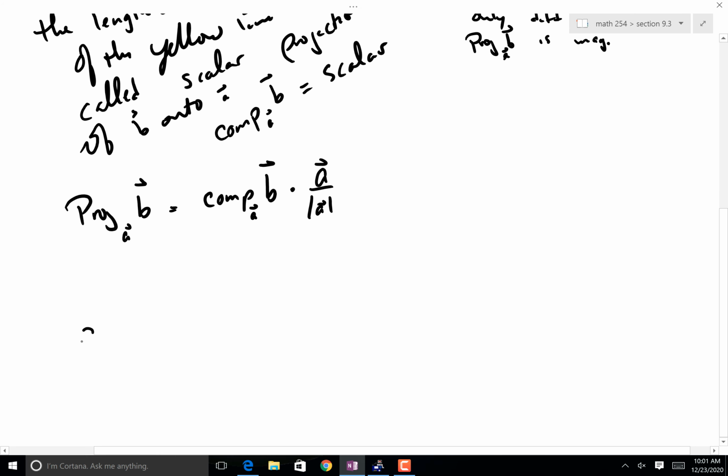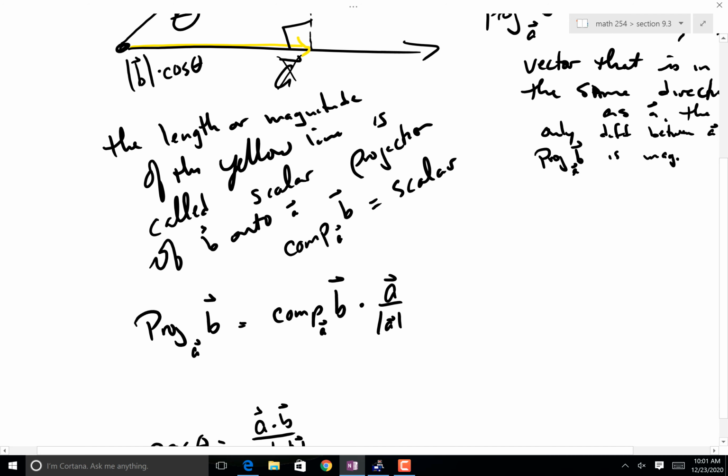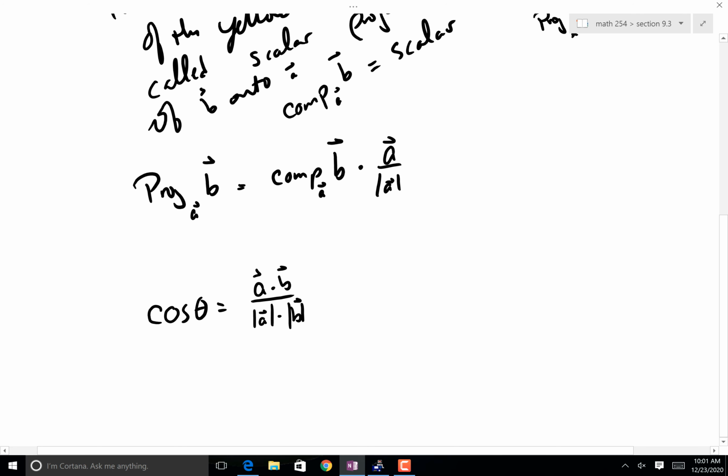So we talked about this a few minutes ago. We said the cosine of theta is equal to A dot B over the magnitude of A times the magnitude of B, correct? That's easy. And so you're like, well, yes, that's what I want. Now, hold up, because this is kind of exciting, because look what you have here.